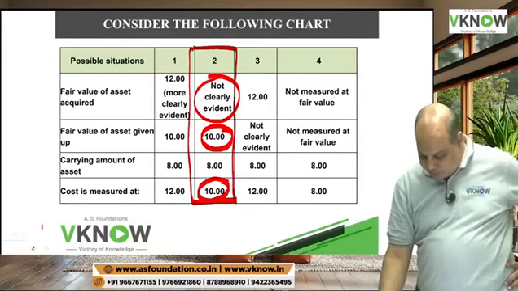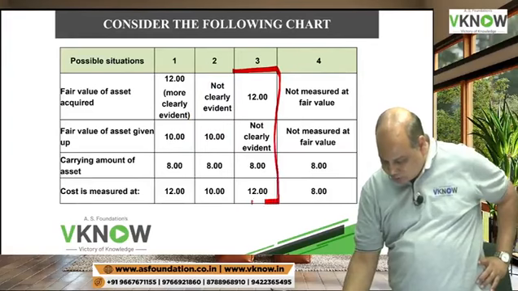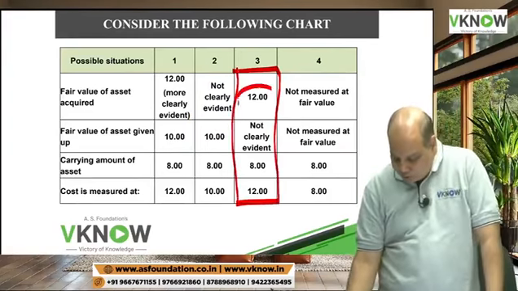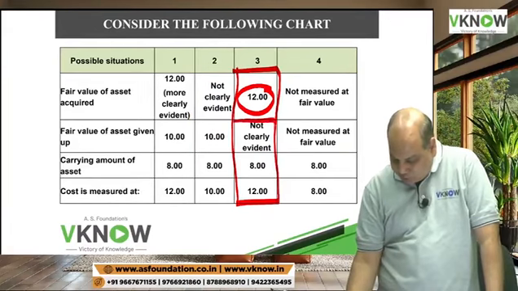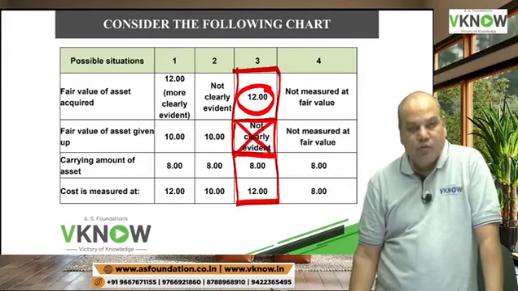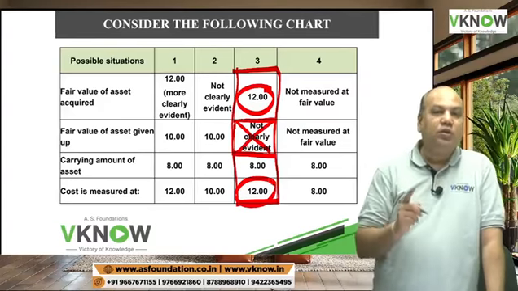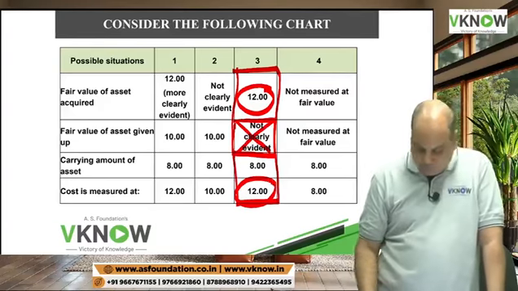Case 3, concentrate on case 3. Fair value of the asset acquired is 12 and fair value of the asset given up is not available. So at least one of the two is available. I will record the new asset acquired at 12 lakh.